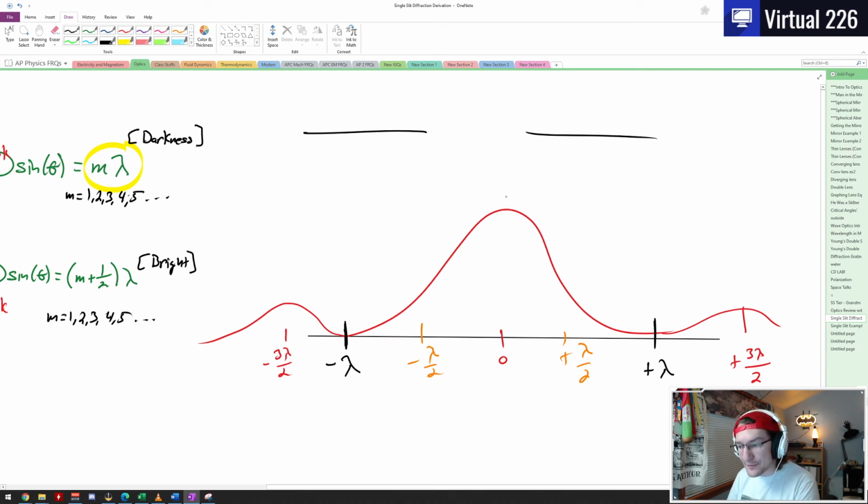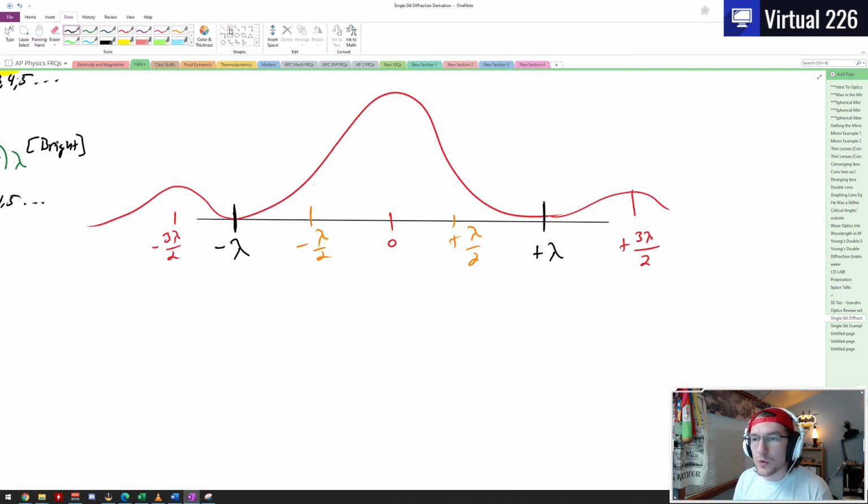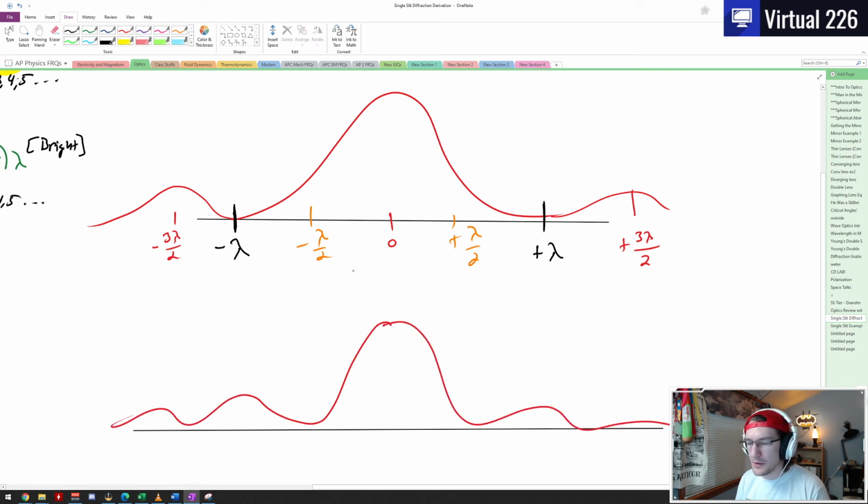And this is different than the double slit. When we did the double slit, if you recall, with this being 0, this dark point was at negative lambda over 2, and this bright point was at negative lambda, and then this is positive lambda over 2, and then this is positive lambda.